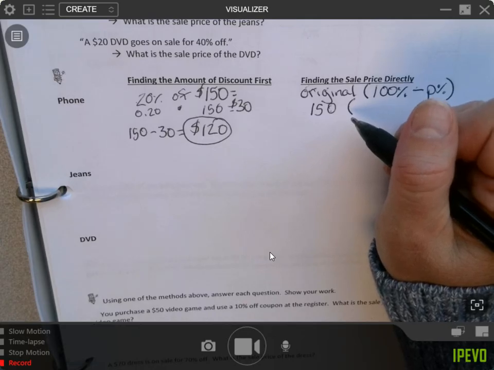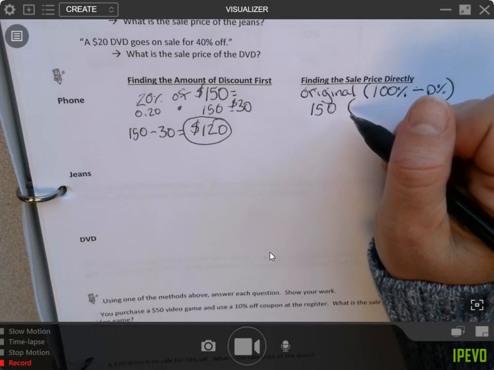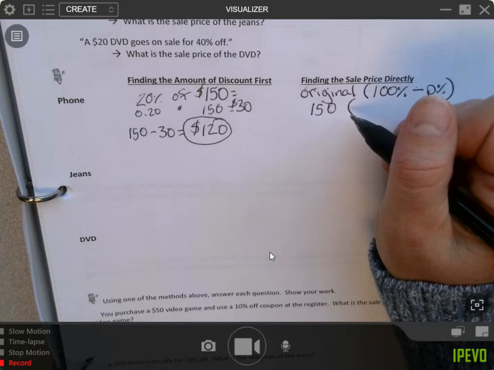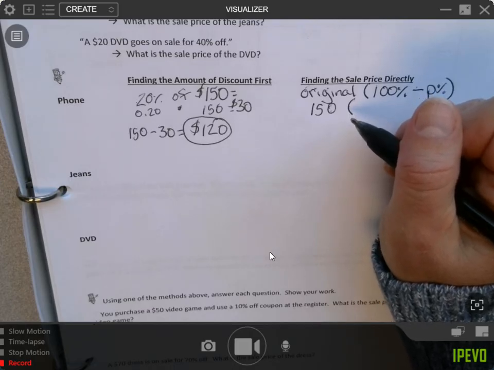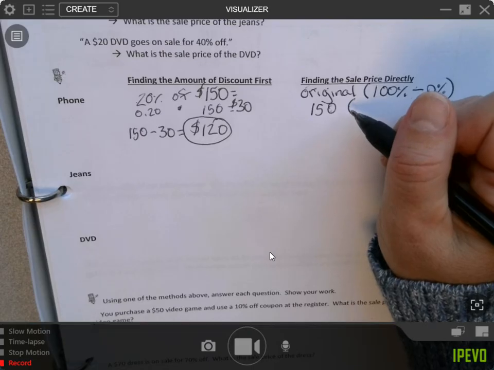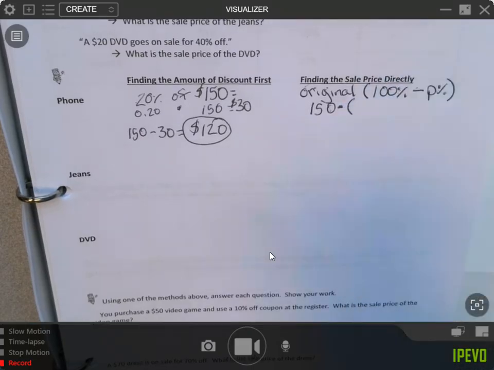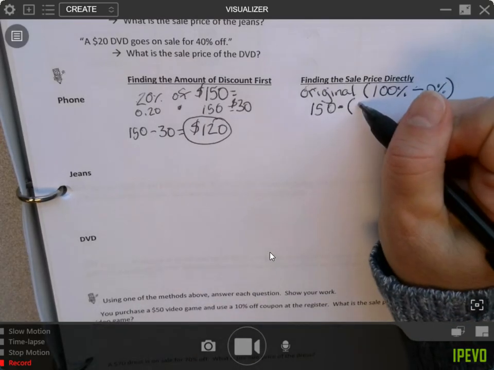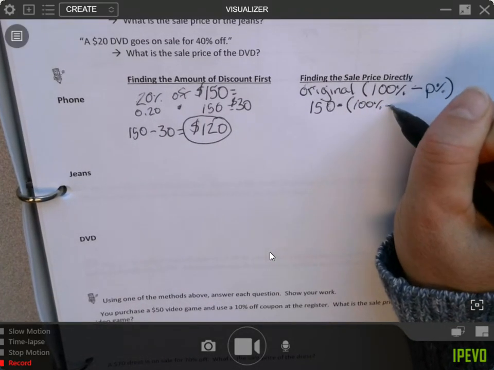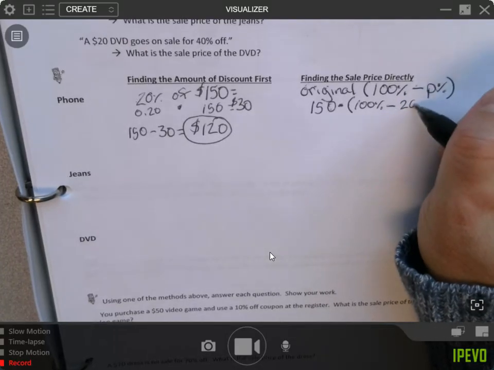What operation do you think we're going to do? Not subtract. Not addition. Emma? Say it again. Not division. What's left, Sophie? Multiplication. So we don't put that symbol there. We don't have to. If there's anything right next to that parentheses, we know it means to multiply. Inside the parentheses, we have that 100% minus that 20% discount.